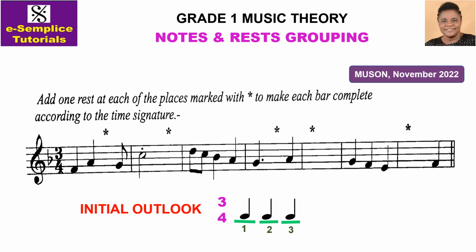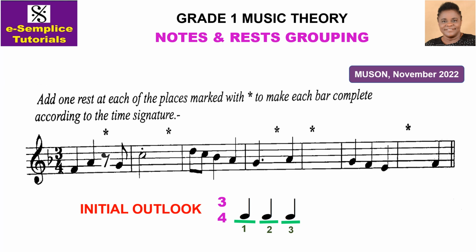The first bit is a crochet, we have it in the question. The second bit is a crochet, we have it in the question. The third bit is a crochet, but we only have a quaver on the stave. So what are we supposed to add to that quaver to make the third crochet? That should be a quaver, but we are asked to add a rest. So it means we are adding a quaver rest at the first asterisk.